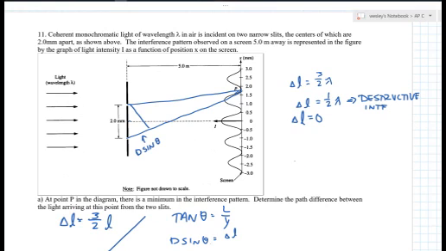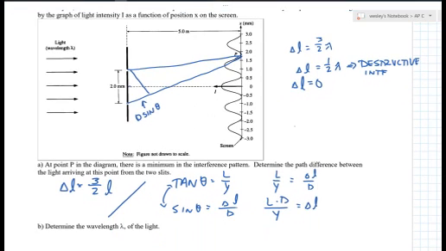So d sine theta is delta L, so sine theta is delta L, the path length difference, divided by the separation of the slits. Because this is a very small angle, these two things are equal to each other, so L over Y is equal to delta L over D. So L times D over Y is equal to my path length difference.